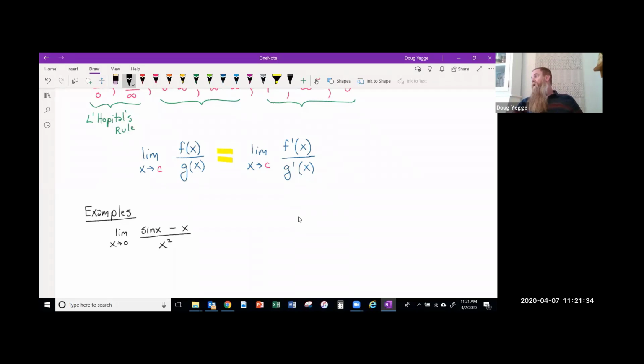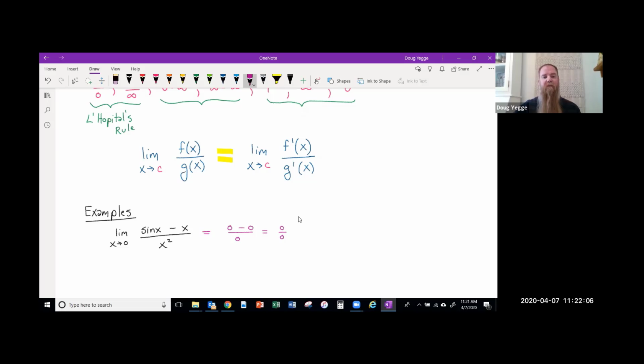As you should notice, if you apply direct substitution here, it yields 0 minus 0 over 0, which is 0 over 0. Because it's 0 over 0, in Calc 1, we would have maybe factored the top and bottom and canceled a common factor. Unfortunately, we can't do that here because there's a sine x there. And sometimes we multiply by a conjugate, but that's not going to do us any good because I'm still going to have the sine x.